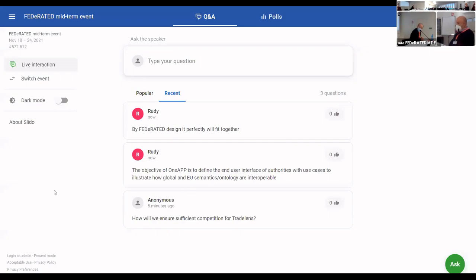So how will we ensure sufficient competition for TradeLens? This is not about competition with existing platforms. We try to support, that's what Rula told, we have to use existing investments and have to integrate with them.